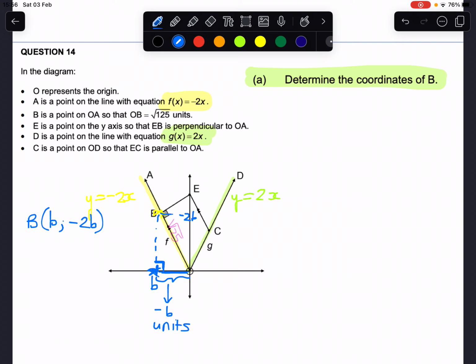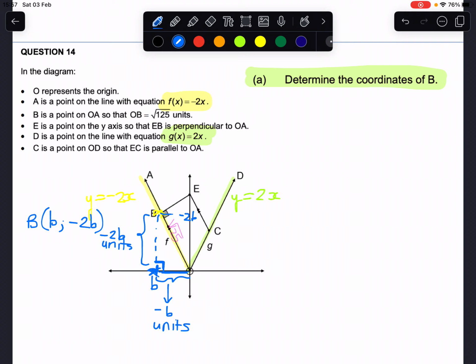And then this length over here will be negative 2b units. I'm going to stop laboring the point about the negatives. It actually doesn't matter whether we put the minus or not, because as we know with Pythagoras, we're going to square, the negative is going to disappear anyway. So we're just trying to be technically correct. Then we can set up an equation in terms of b to work out the value of b.